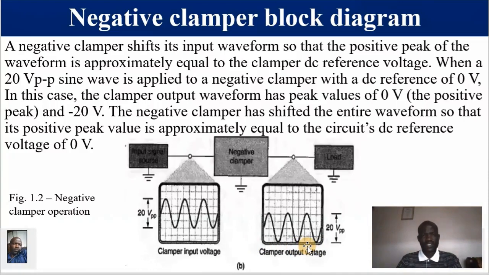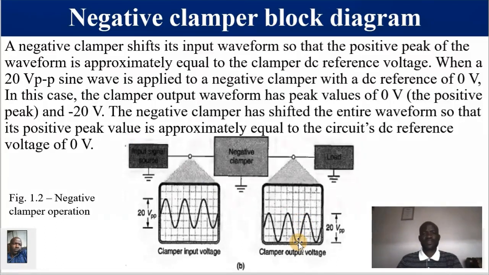So we are maintaining the peak-to-peak voltage from 0 to minus 20, which is 20 volts, and the input was 20 volts peak to peak. So the peak-to-peak value is being maintained. It shows that there is no distortion to the input waveform.